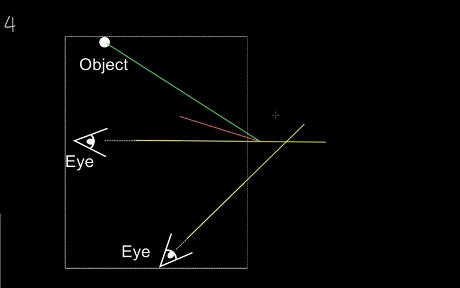And so we would have our mirror along here like this, in which case this would be our normal here. And that actually is very close to 90 degrees.